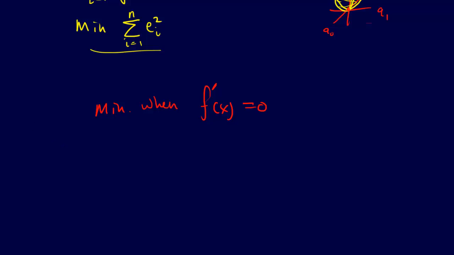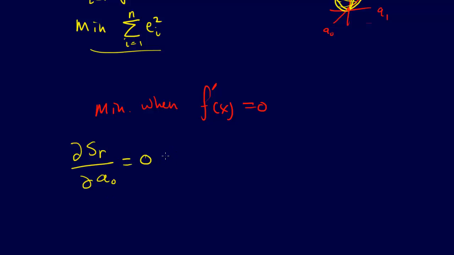So that means we're taking the partial derivative of SR, because we want to minimize the sum of the residuals, with respect to a naught, and we're going to set that equal to 0.